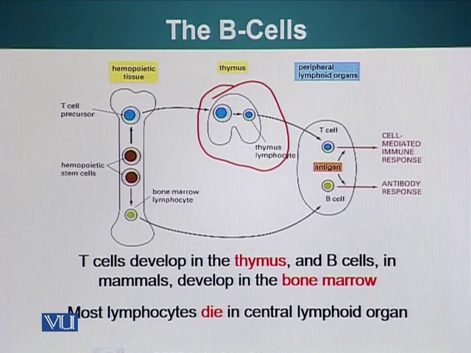The B cells mature in bone marrow, and then they migrate to the lymphoid organs, for example, lymph nodes, and that is where they're educated. By education, I mean B cells that recognize and try to respond to self-antigens.